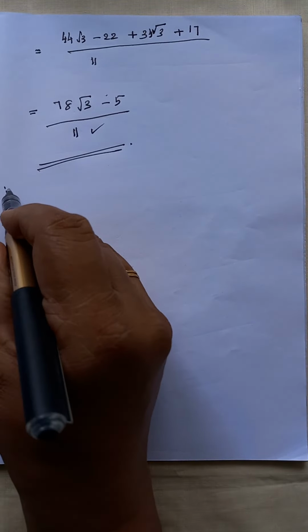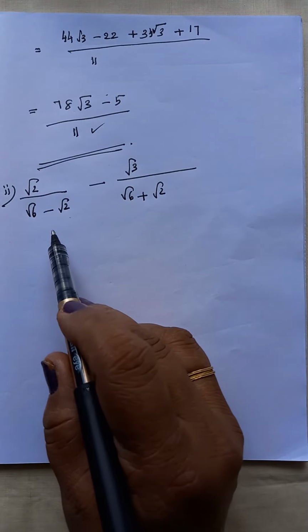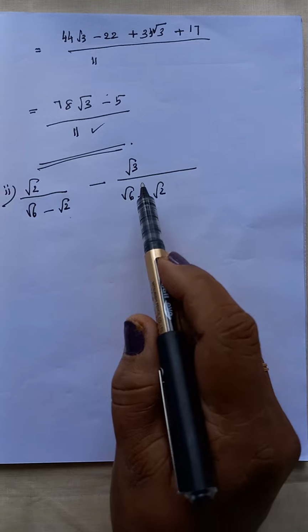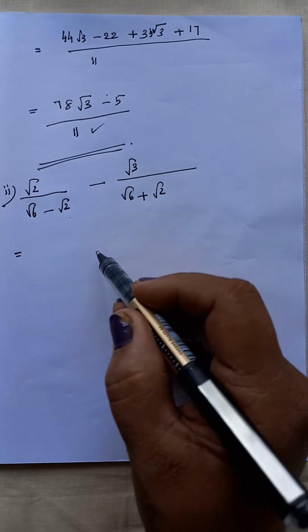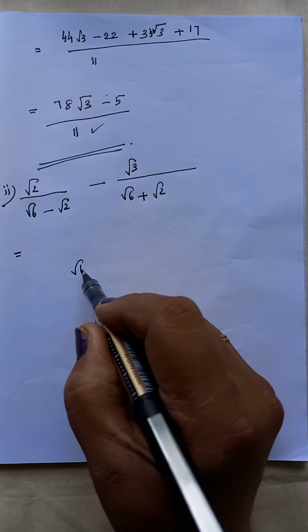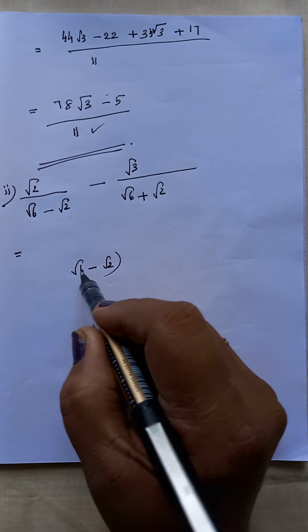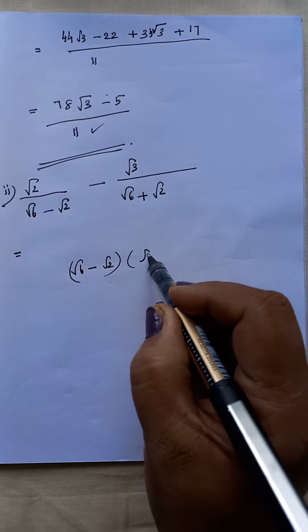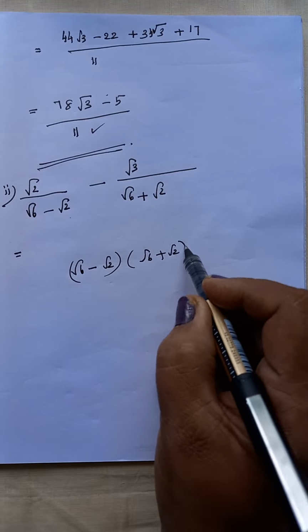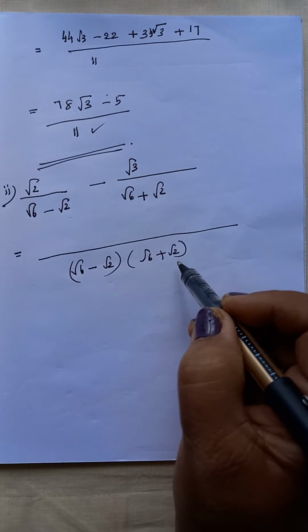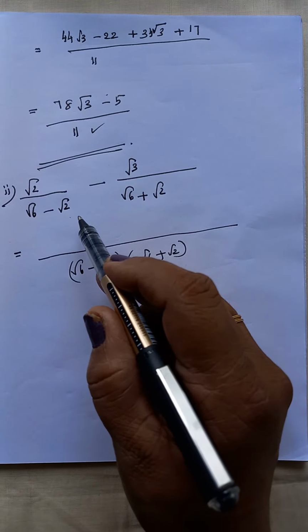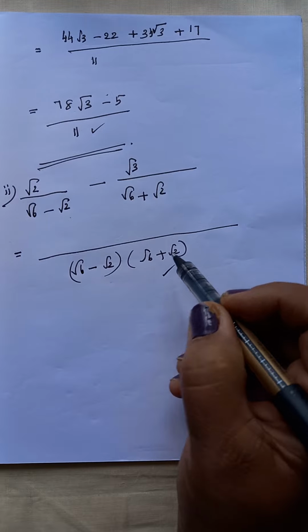Now the second question is root 2 by root 6 minus root 2 minus root 3 by root 6 plus root 2. Here we can take the denominator as root 6 minus root 2 into root 6 plus root 2. That is the product of these two. Root 6 minus root 2 into root 6 plus root 2 divided by root 6 minus root 2 is root 6 plus root 2.